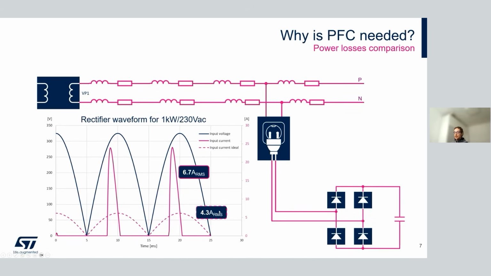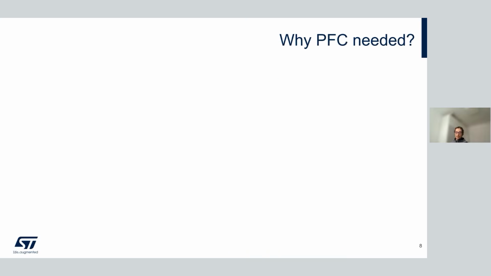And of course, this RMS value is somehow linked with the power losses inside the wires in the wall, because you have some impedance, and you can see that with the PFC, the losses are less than half compared to the situation without the PFC.